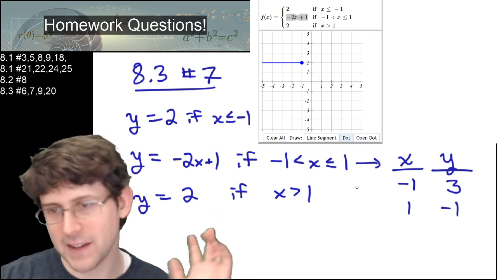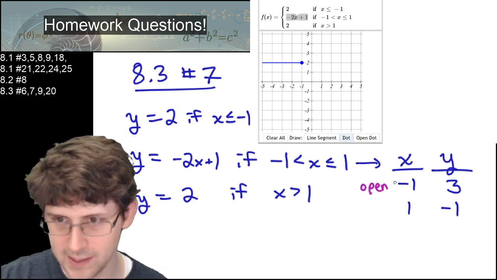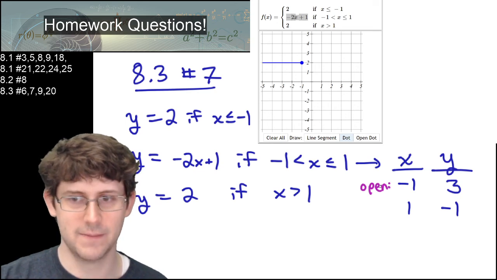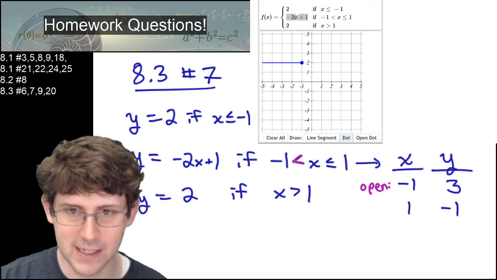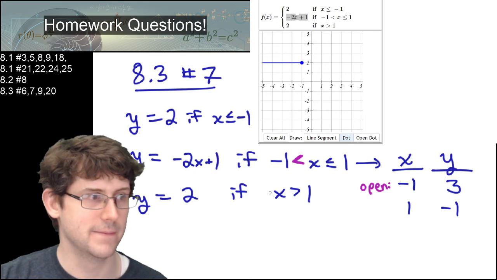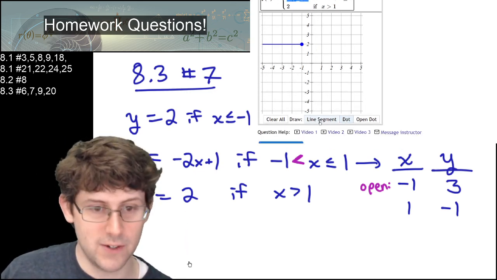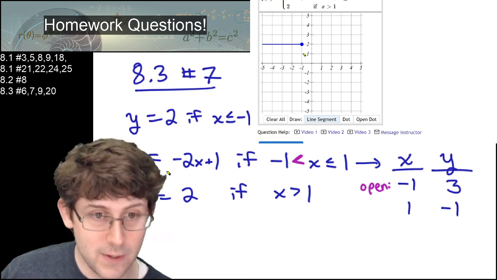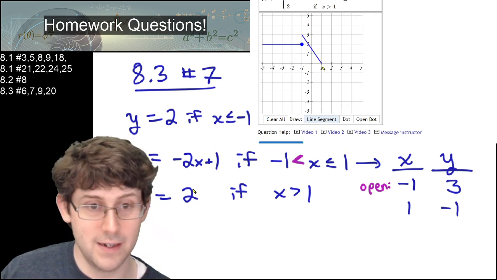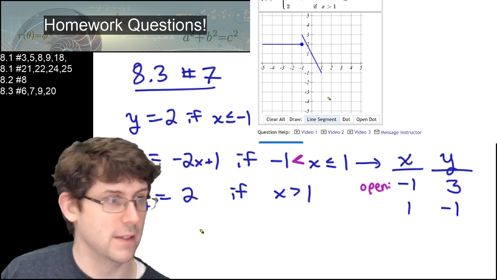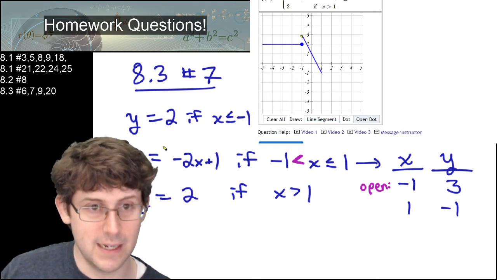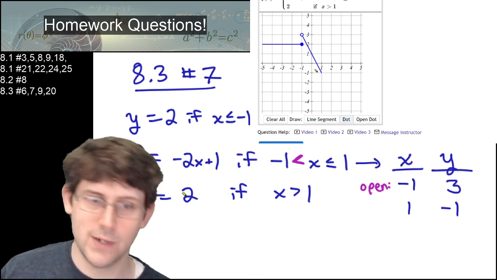And I say, fine, I'll put an open circle when I graph this point, because x is not really allowed to be minus 1. So let's do it. I'm going to draw a line segment between minus 1, 3, and 1, minus 1. But that first one was supposed to be an open dot, and the second one can be a closed dot.